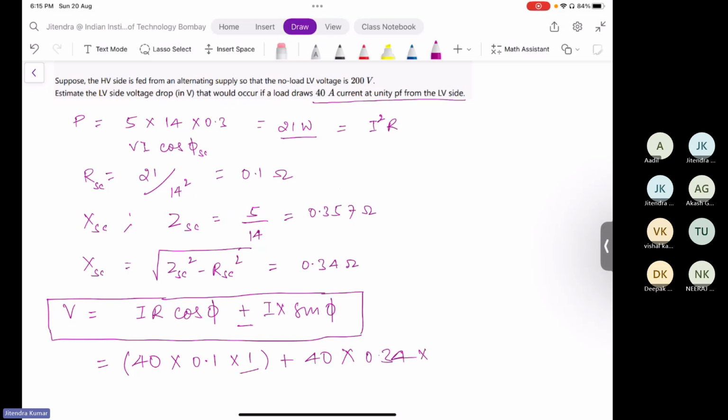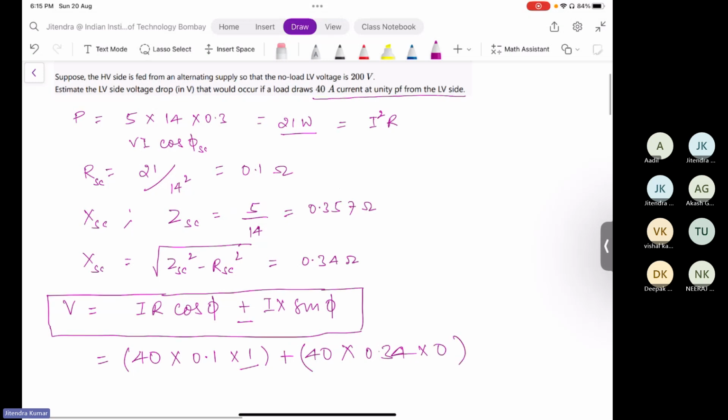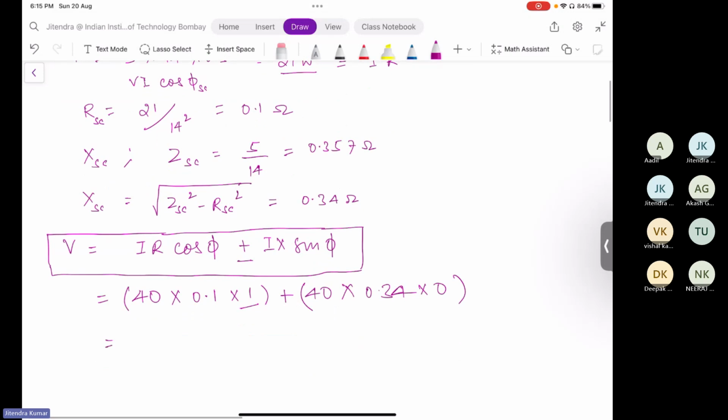Since cos phi is 1, sin phi is 0, right? So we get 4 volt. This is the 4 volt drop that occurs at the HV side.